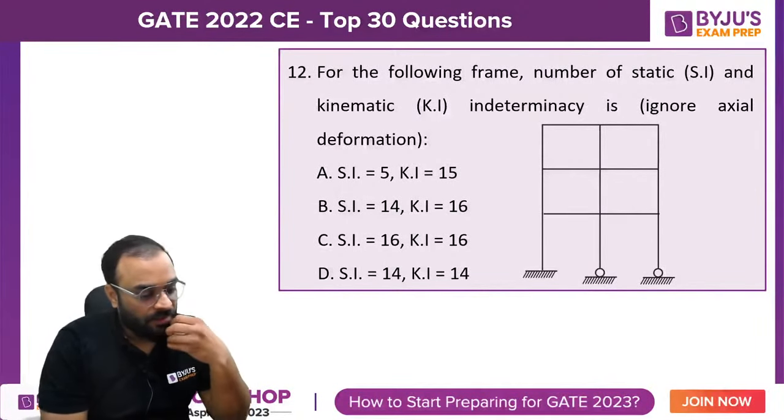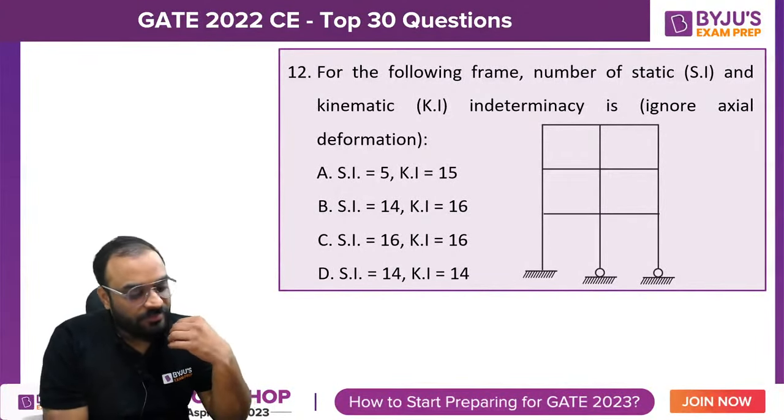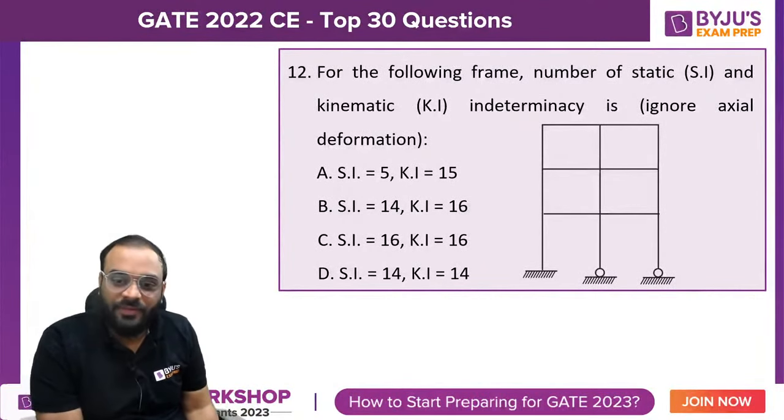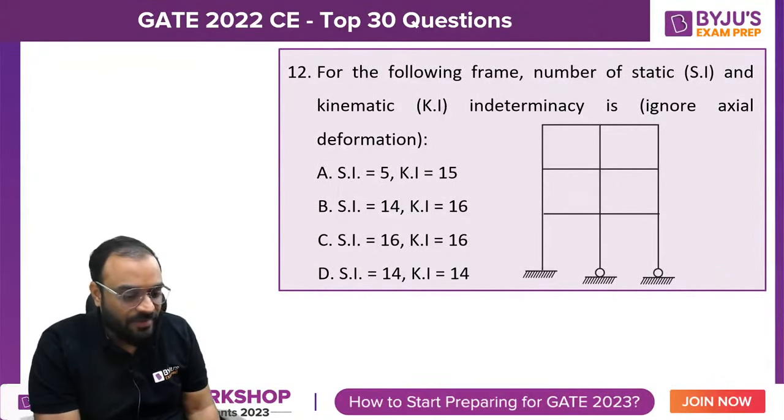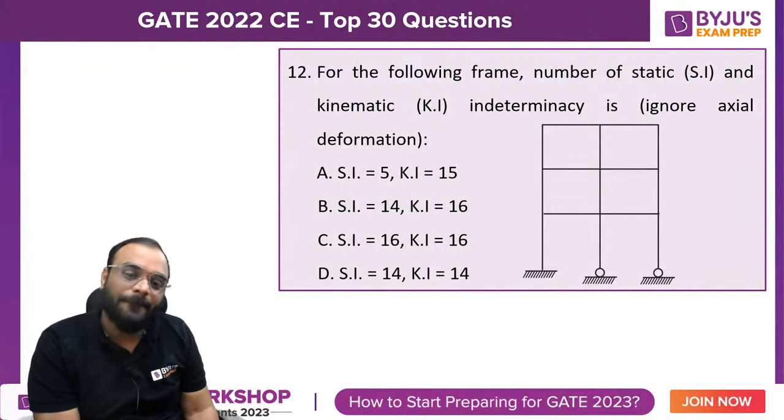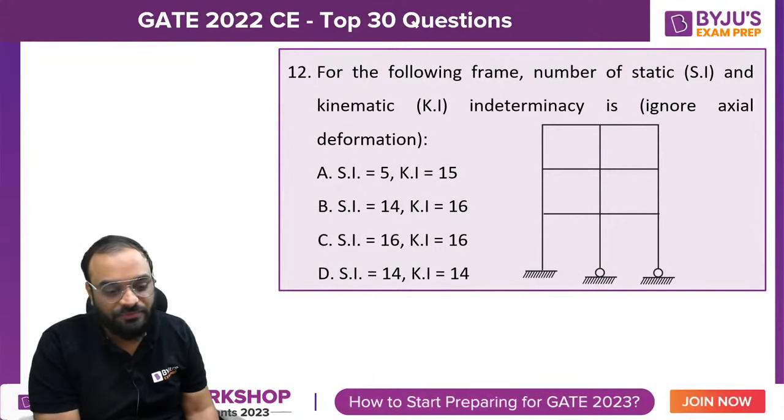B. No issue. Tell me the answer, guys. I have solved it in my mind itself. B is the answer. If you are getting the same value, please let me know.